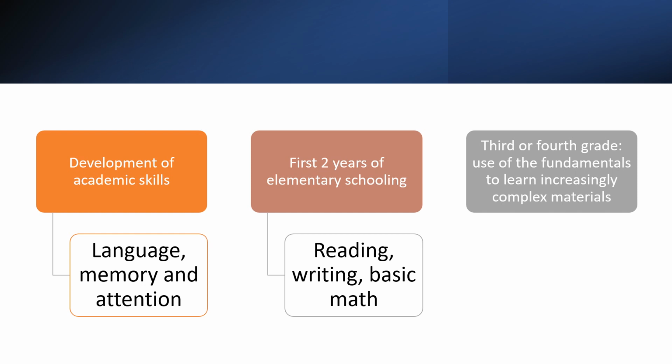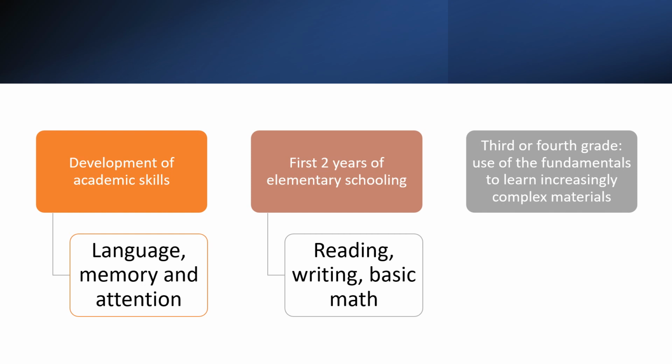Development of academic skills, like language, memory, and attention. So again, like I keep saying in my previous slide, their performance, or the accumulation of language, skills, and knowledge, is great in this stage because they have a very good development in this stage.